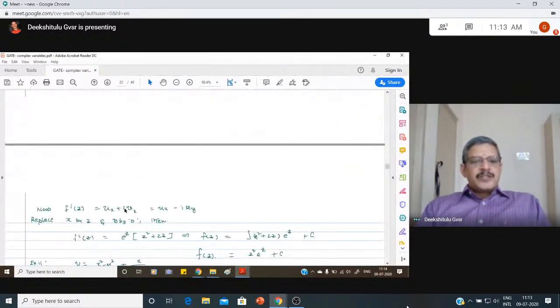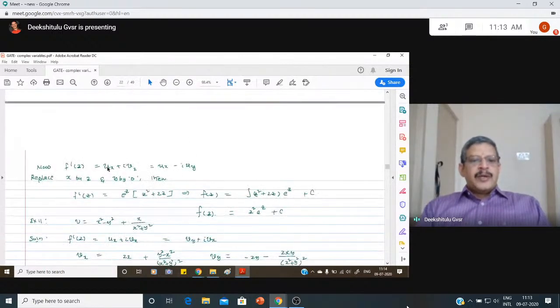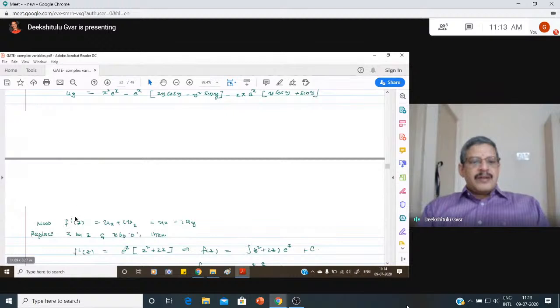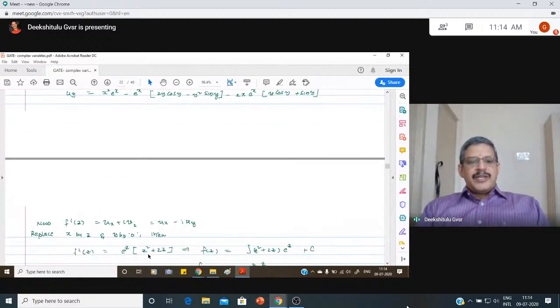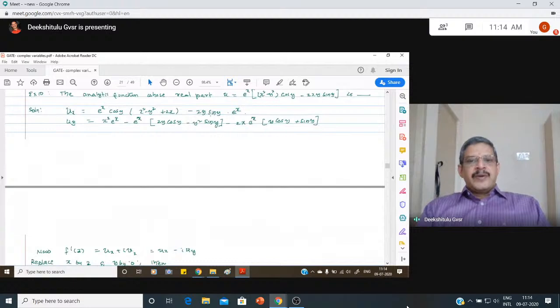So f dash z is ux plus ivx, or ux minus iuy in terms of u. So you write this f dash z and then replace x by z and y by 0. In this, if you replace x by z, e power z, y by 0, so cos y is 1, z square, y is 0, 2z. So e power z into z square plus 2z. What happens here? Y is 0, so sin y is 0, and this term is 0.